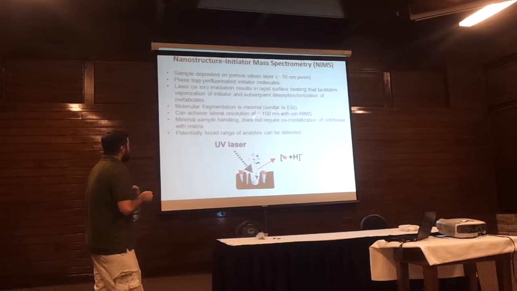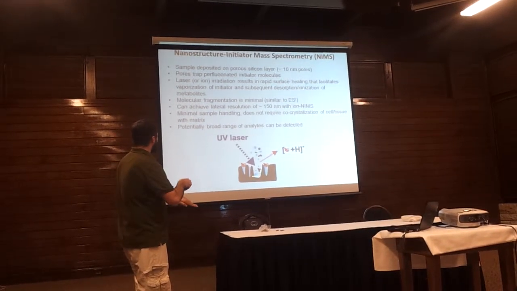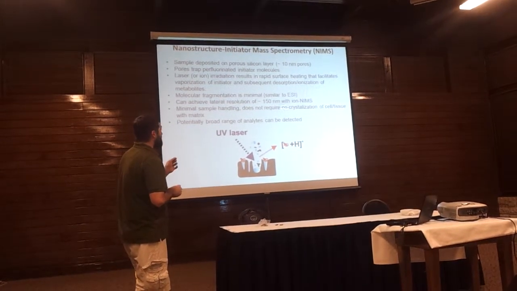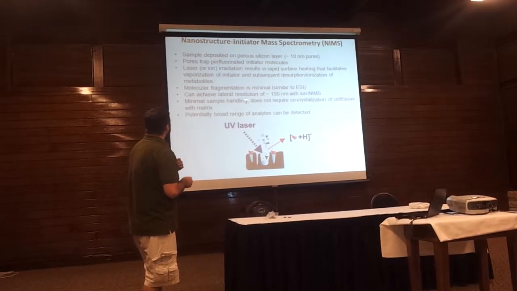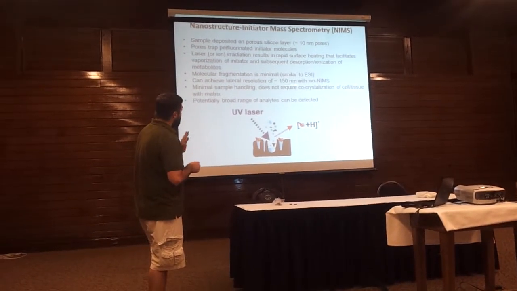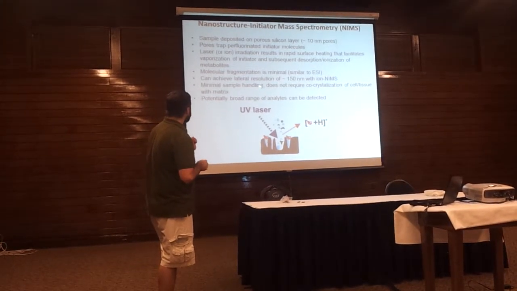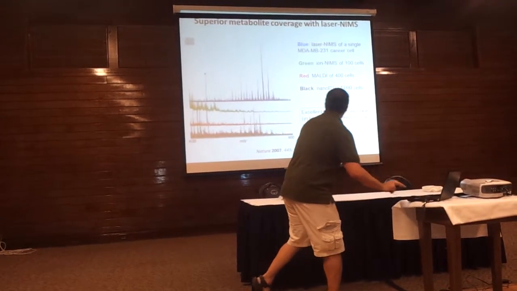And so you can put your sample directly on top of this surface with these initiators. It's a soft ionization technique, so you can detect proteins and larger molecular weight things. By doing this in a slightly different way, you can get pretty good spatial resolution. It's very minimal sample handling. I'll try to get to the important stuff.